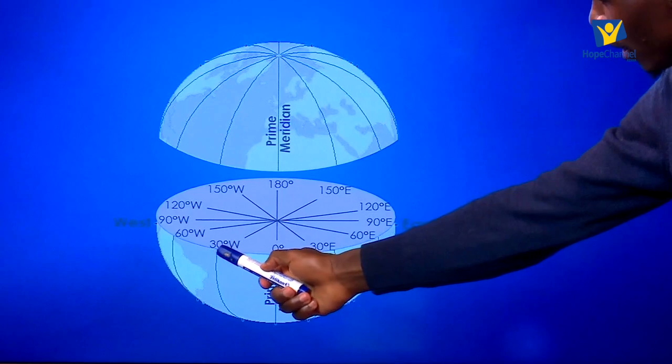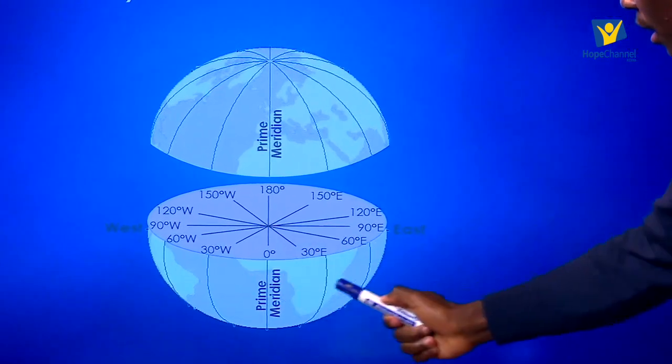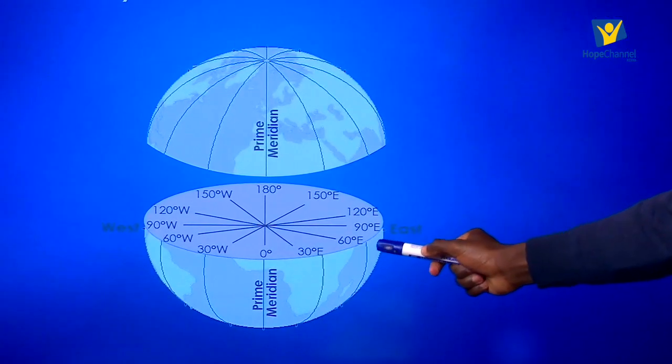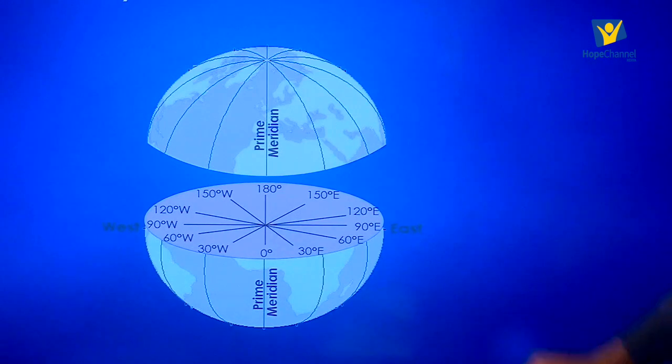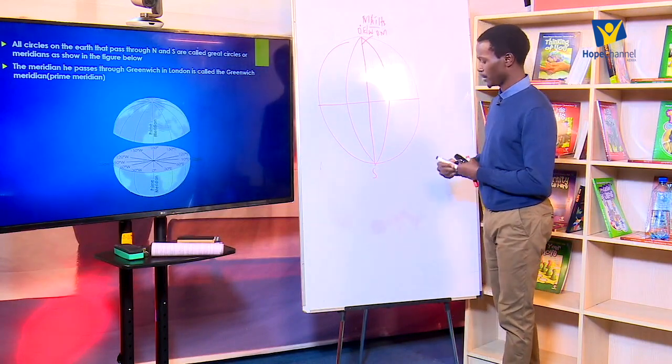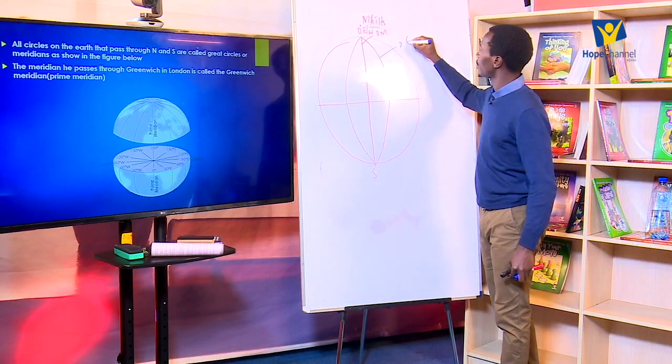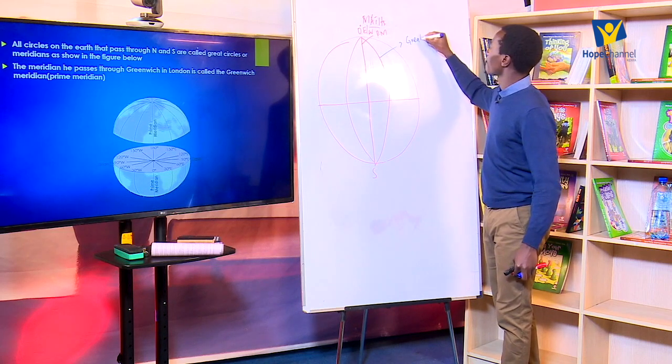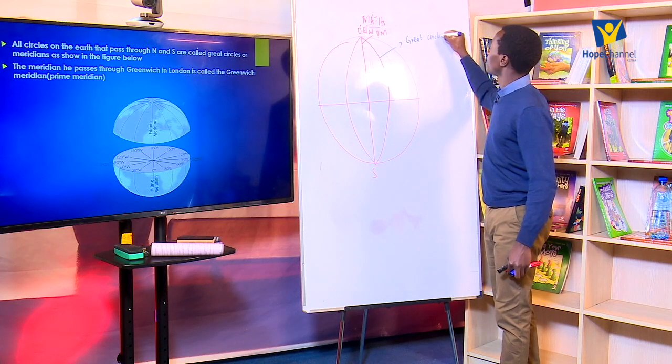There is also another one showing 30 degrees west. Another one 60 degrees east, 90 degrees east, all the way up to 180 degrees east or west. These ones we call meridians, or in this case mathematically we call them great circles.